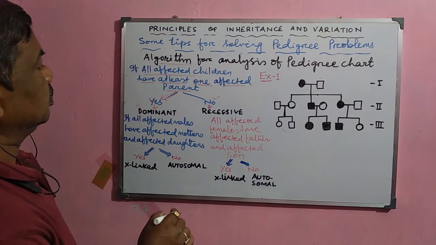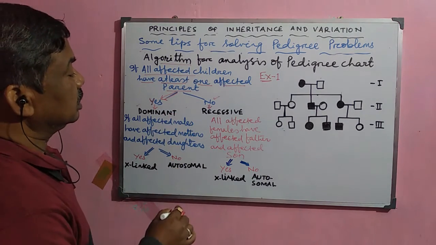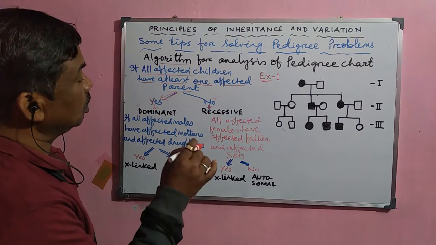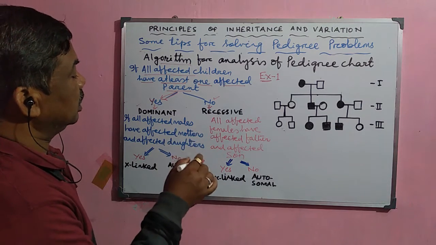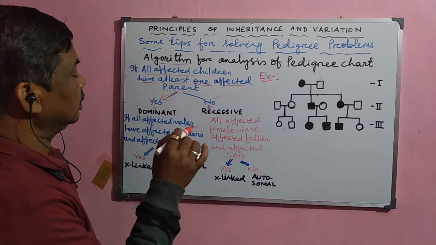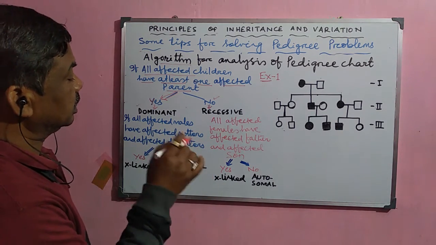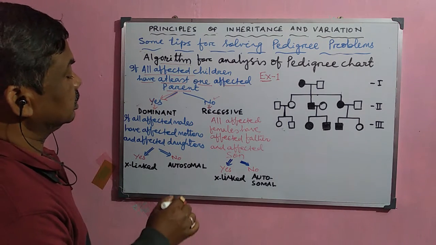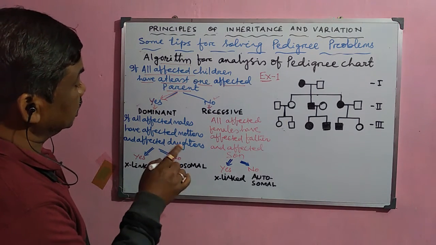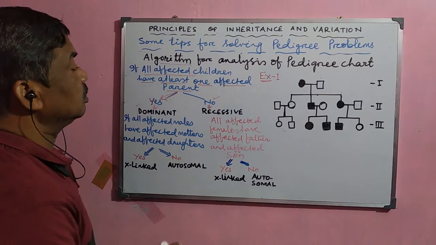Now, if it is recessive, and all affected females have an affected father as well as an affected son, then it is X-linked. If no, it is autosomal.